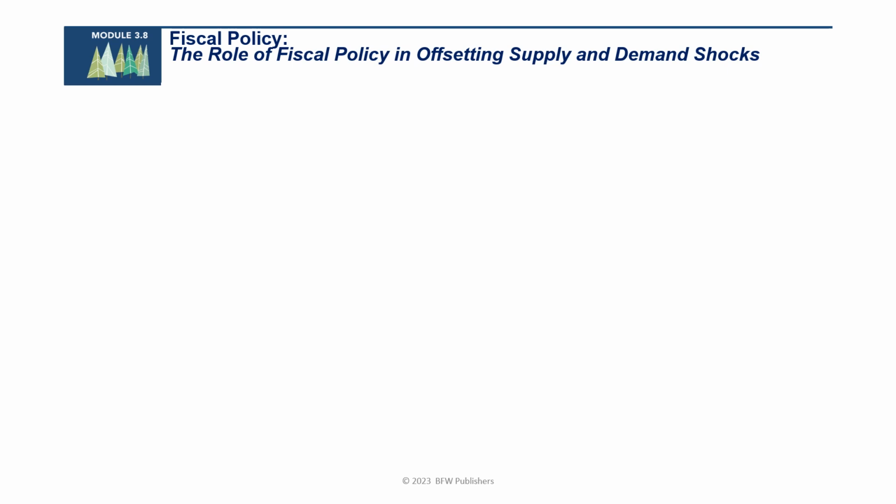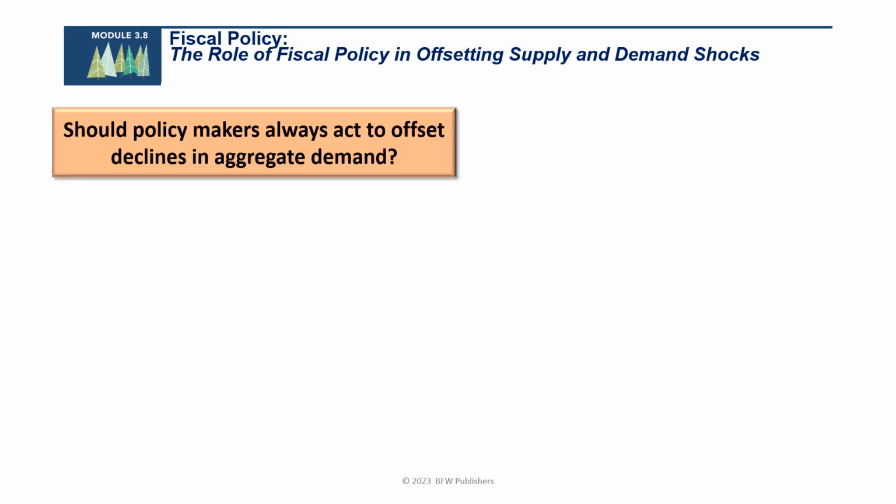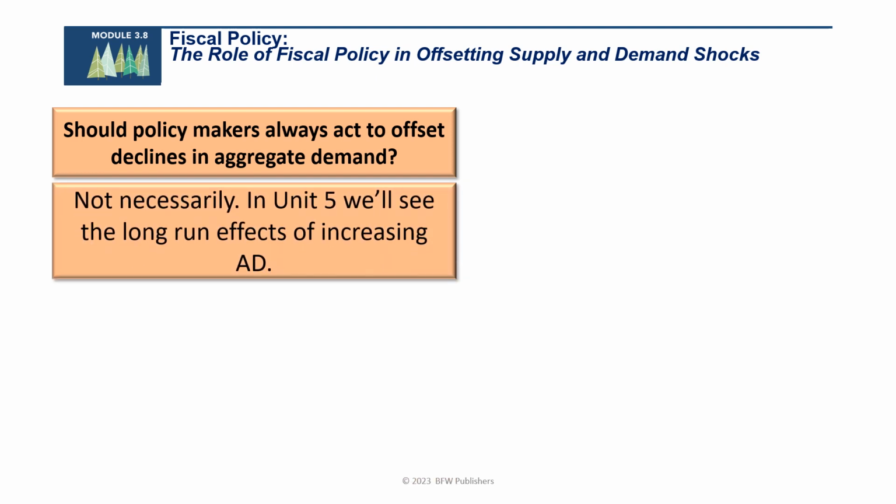This slide revisits a question we introduced earlier about when it is appropriate to implement either expansionary fiscal policy to address a negative recessionary gap or contractionary fiscal policy in response to a positive shock or an inflationary gap.